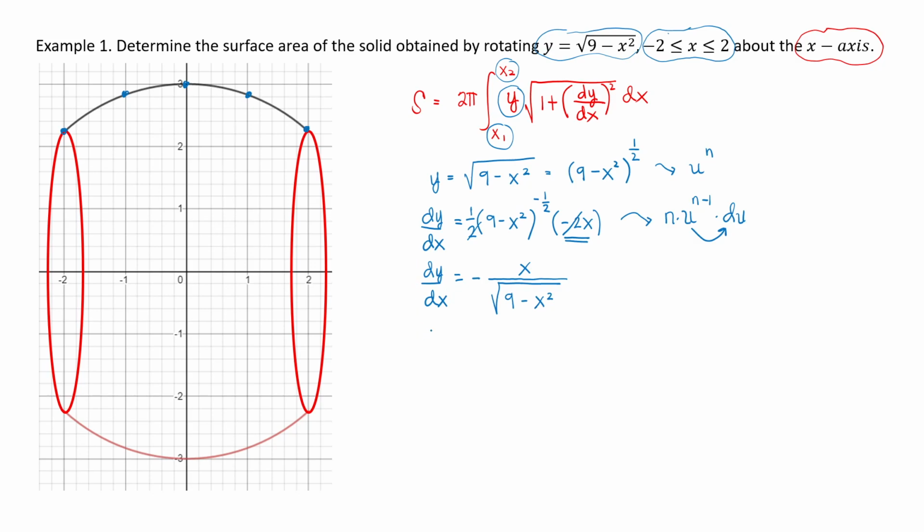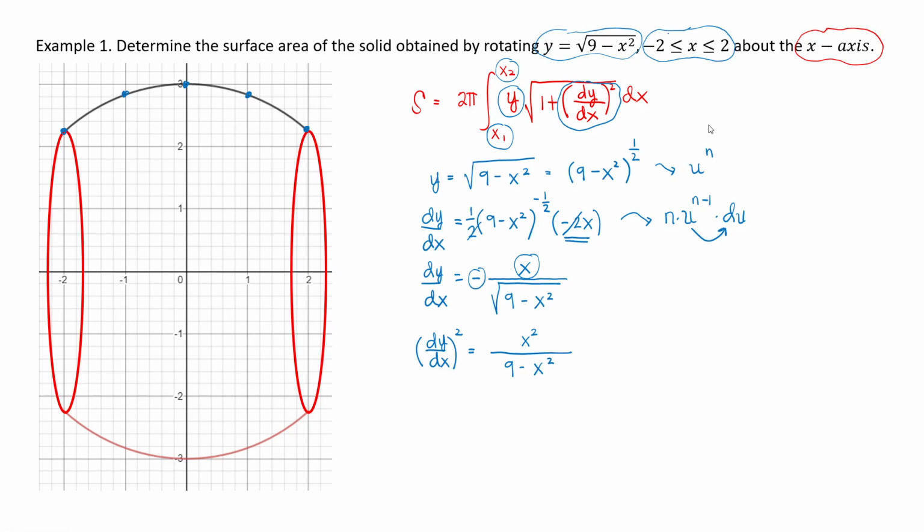Getting the square of this, dy over dx squared: the square of negative 1 is positive 1, the square of x is x squared, and the square of the square root of 9 minus x squared is just 9 minus x squared. So we have solved this parameter already.